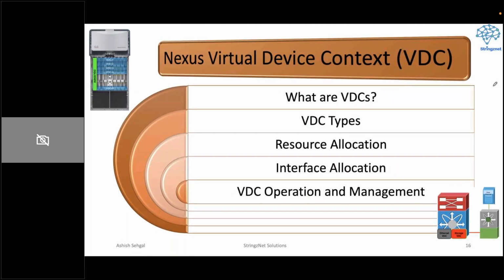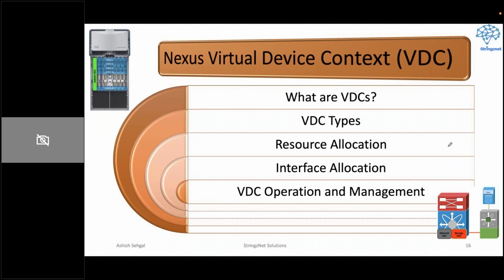And when it comes to virtual device context, which is a big blessing given to Nexus 7000 switches only, we will talk about the concept of VDC. This VDC concept you may not be required in your lab. Why? Because if Nexus 7000 switches are given to you, Cisco will make sure that it is chopped into multiple virtual switches called VDCs, and you will not get an opportunity.